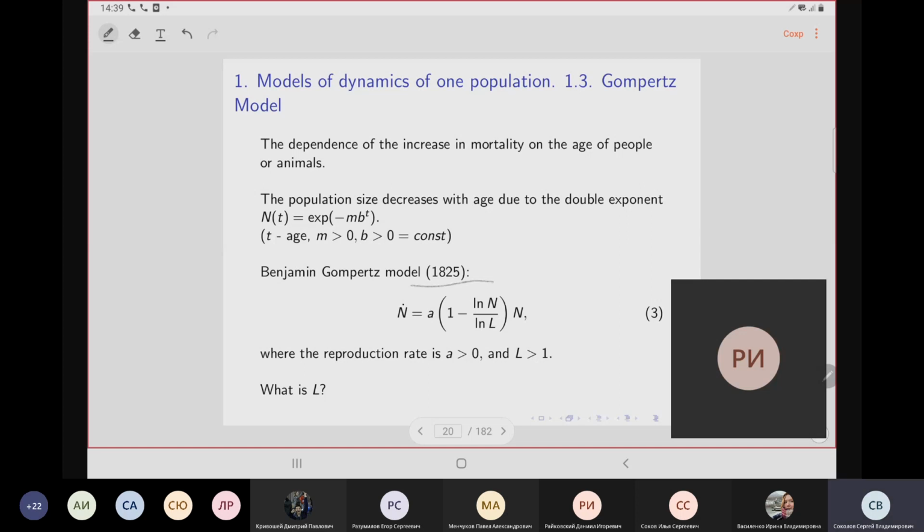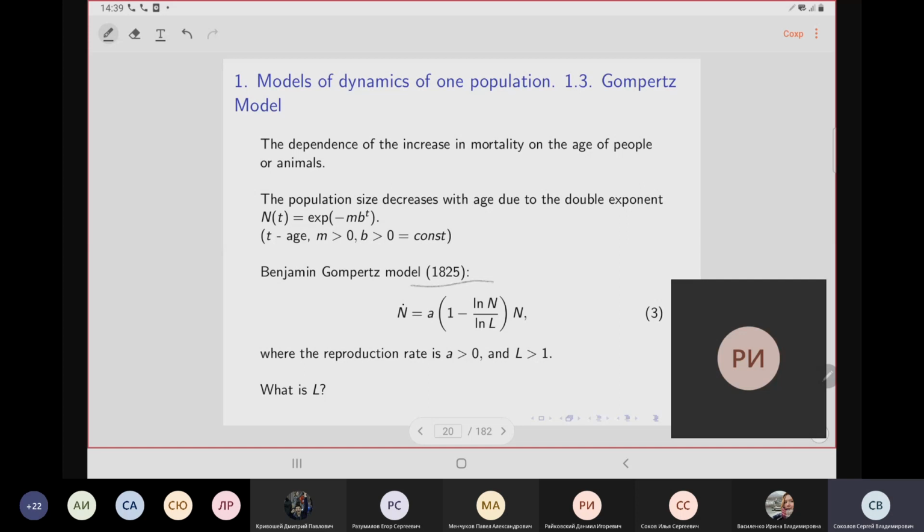And Gompertz's model takes into account the limitedness of the environment. So he was examining the mortality of people or animals, depending on the age.